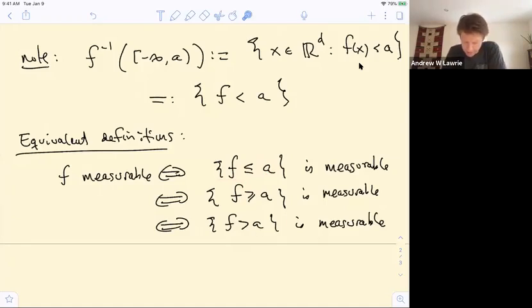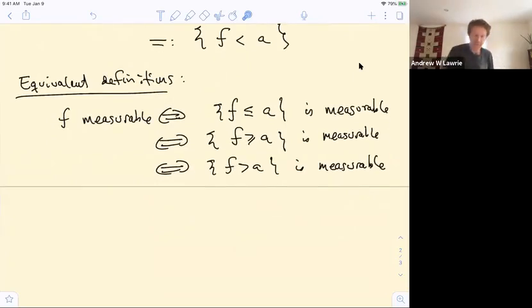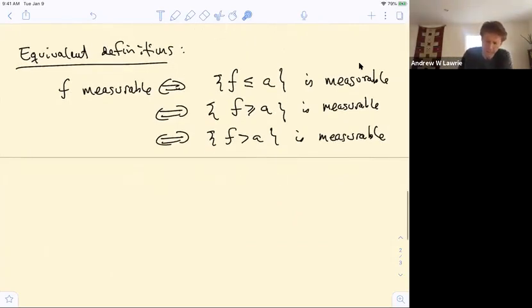Okay. So those are equivalent formulations of a measurable function. One other quick definition.